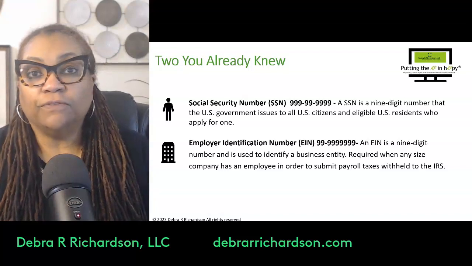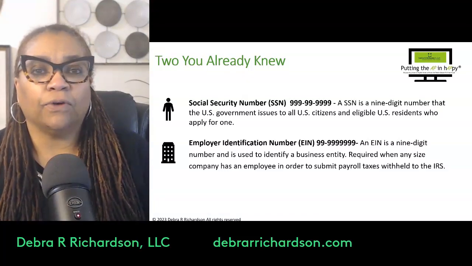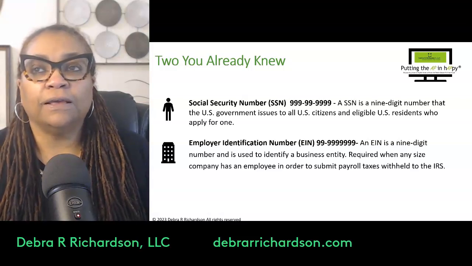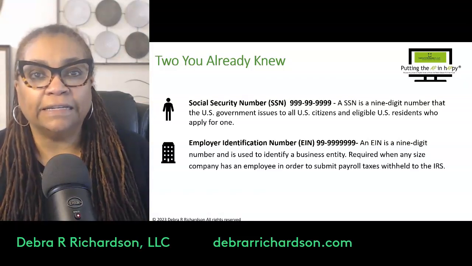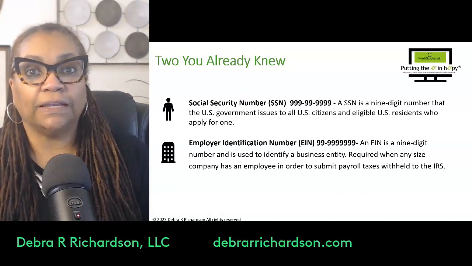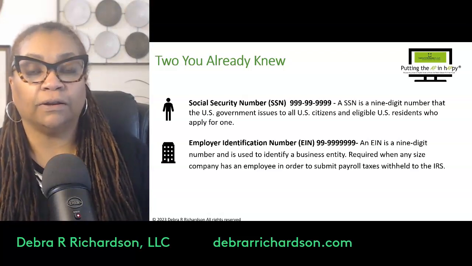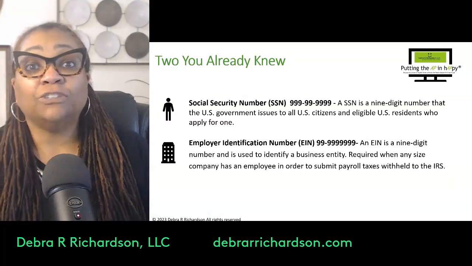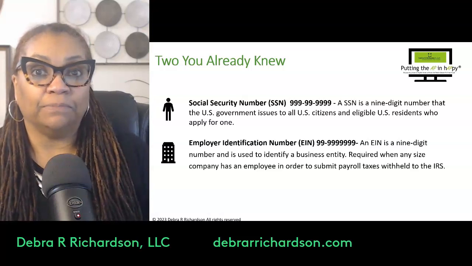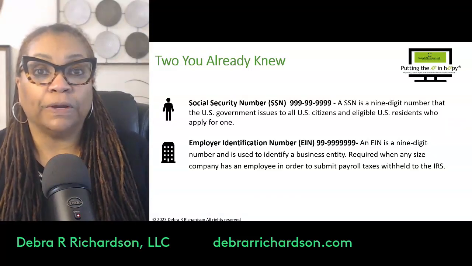So if you've ever received a W-9 from a sole proprietor or single member LLC individual that gave you both a Social Security number and an EIN because they didn't know to only give you one on the W-9, that's why they have an EIN, because they most likely have an employee.